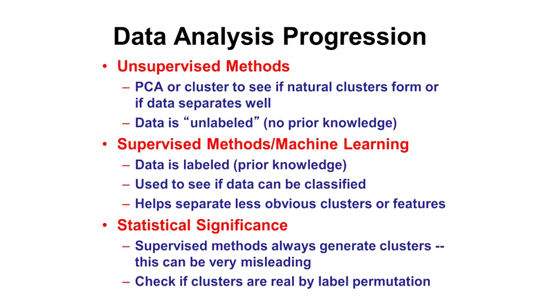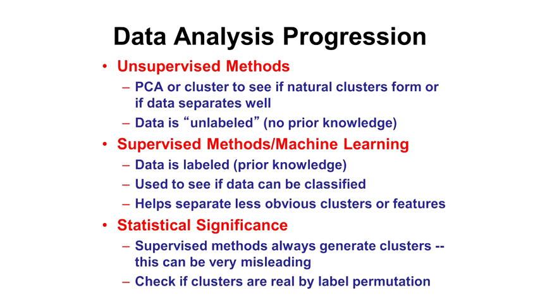So there's a progression. You start with PCA to see if natural clusters form, if things are separating. You have no prior knowledge. The data is unlabeled. You let things fall where they may. If things are not as obvious as you had hoped, or you think there's a trend, then you bring out the PLSDA. In this case, you're adding prior knowledge. You know the classes in advance because you've designed the experiment.